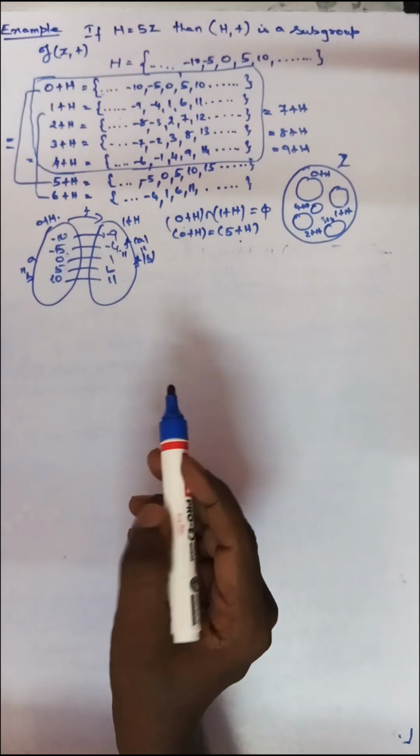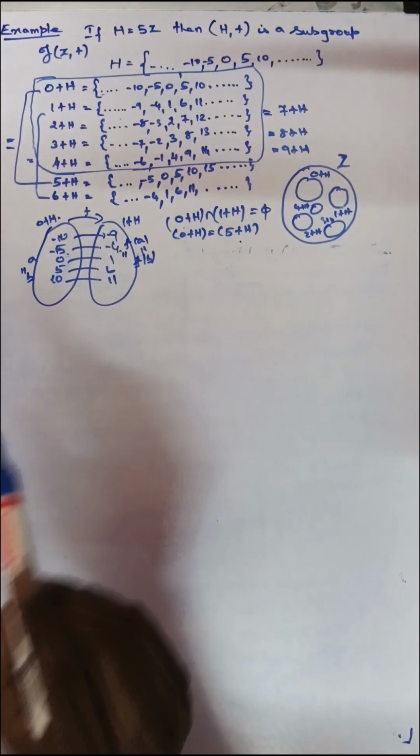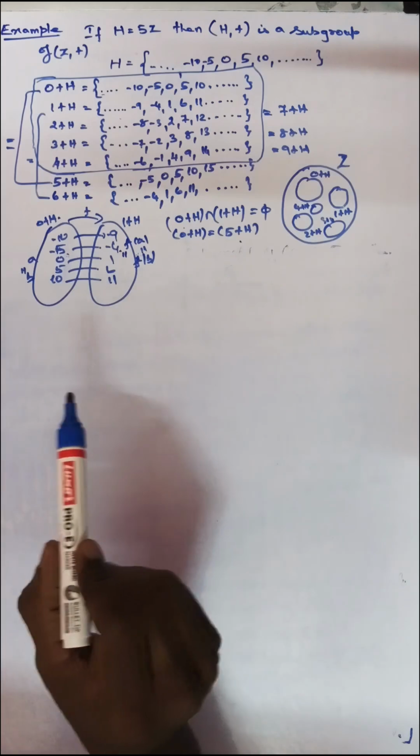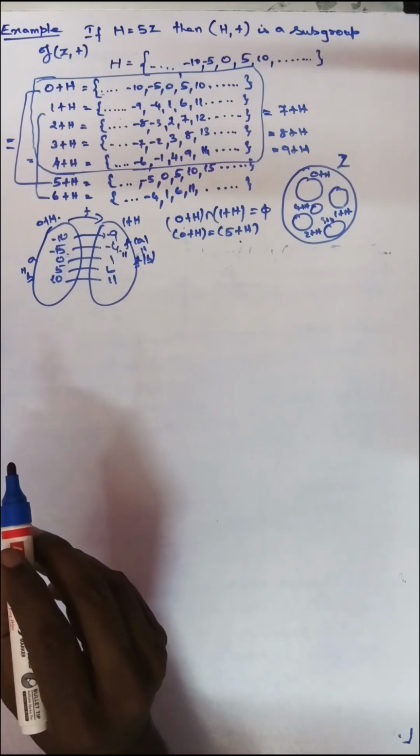Now we're going to start with this. Our aim is to prove that all the left cosets have the same number of elements.